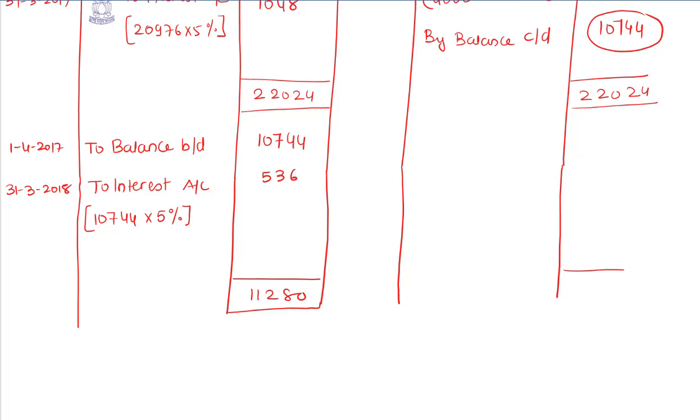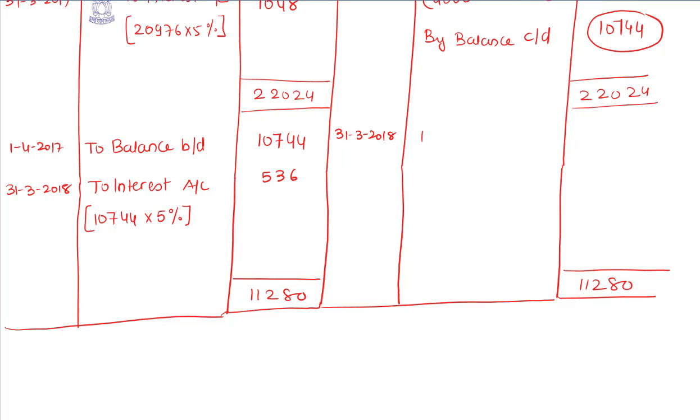Totals, 11,280. 31st of March 2018, by depreciation account, the depreciation would be the same, 40,000 multiplied by 0.2820, which comes to 11,280.